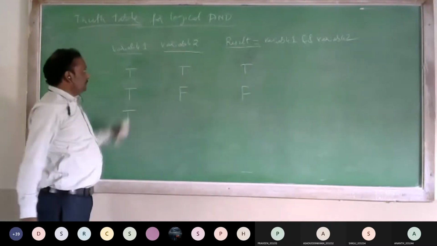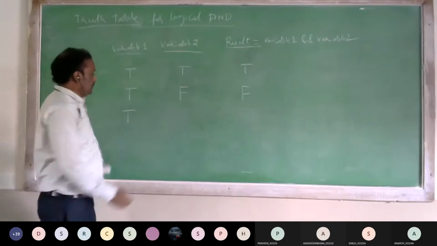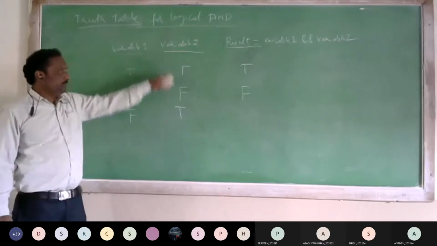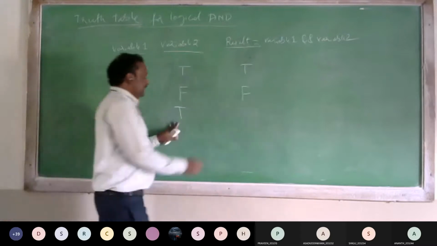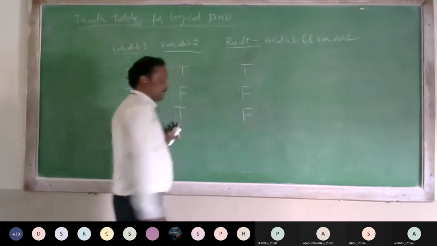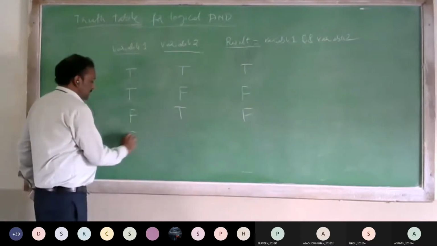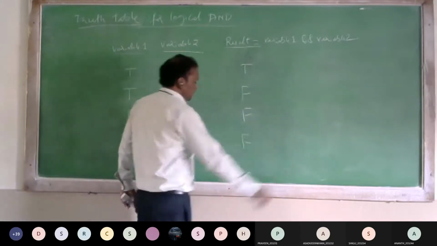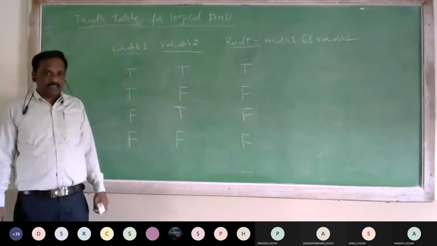If variable 1 is false and variable 2 is true, then the result is false. If variable 1 is false and variable 2 is false, then the result is false.